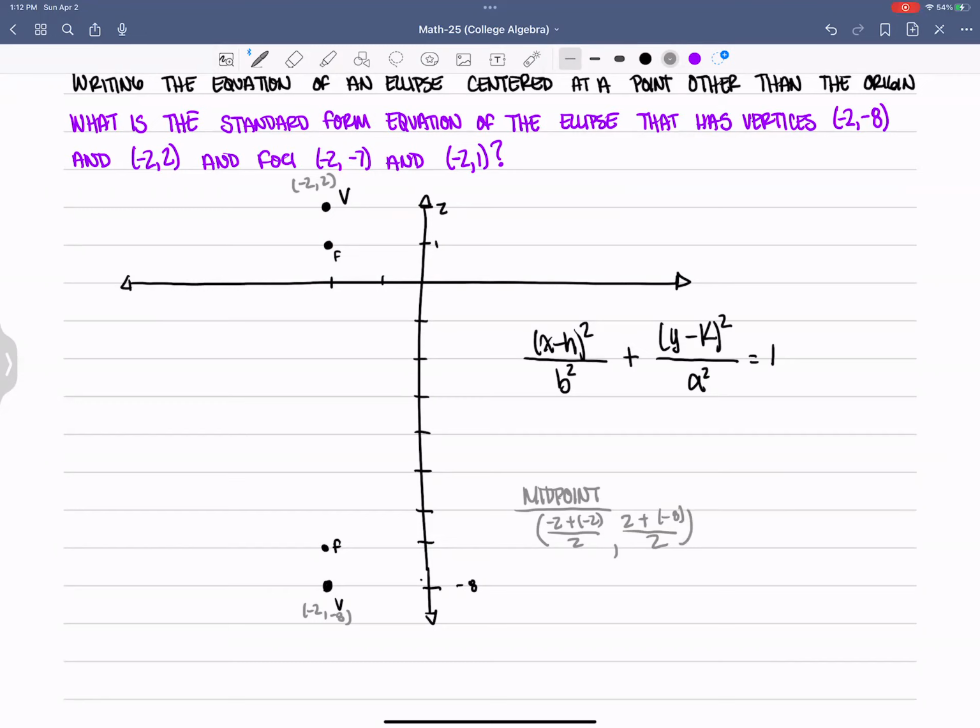That's how we find our midpoint. -4 divided by 2, and -6 divided by 2, giving us the point (-2, -3). So going down 1, 2, 3, it looks like this is our center.